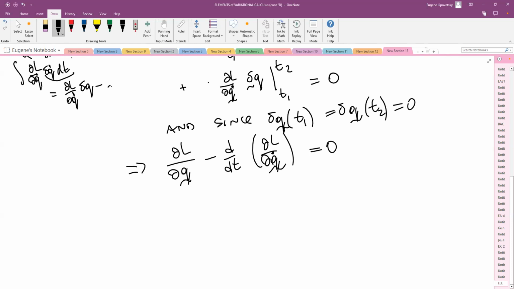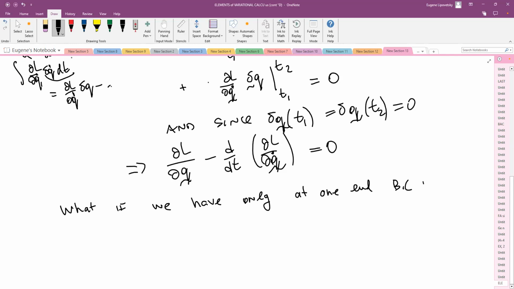All right. So now, what if we have the boundary condition for Q only at one end?